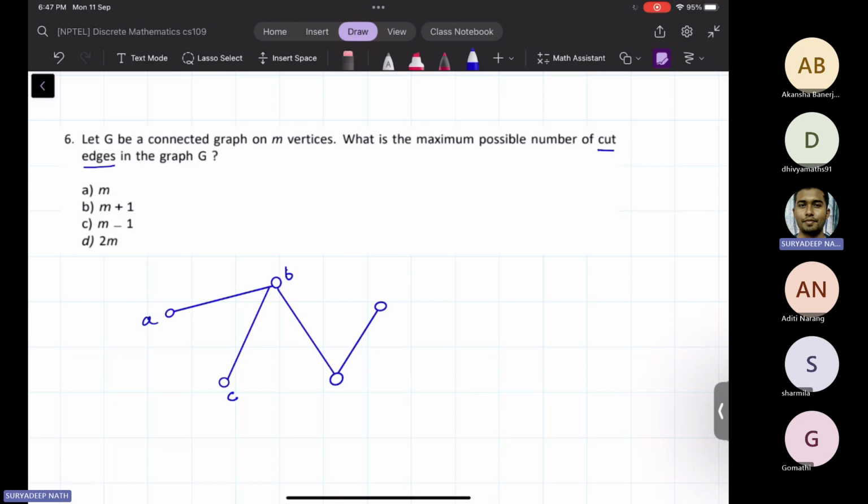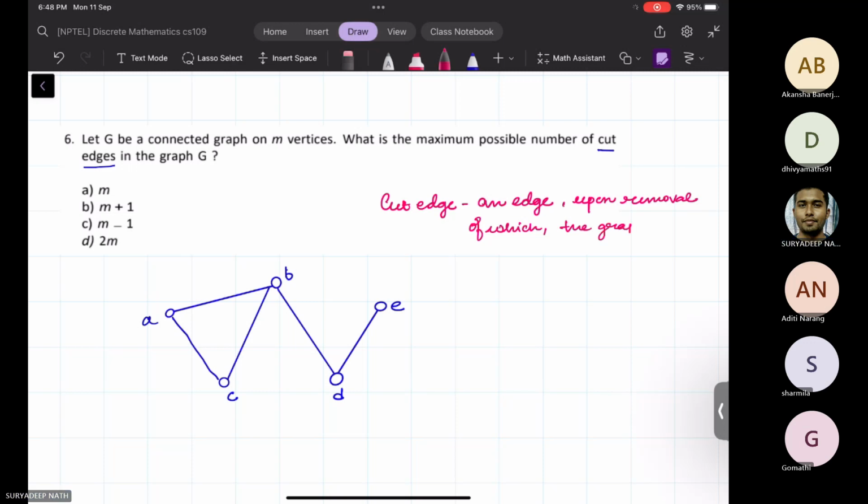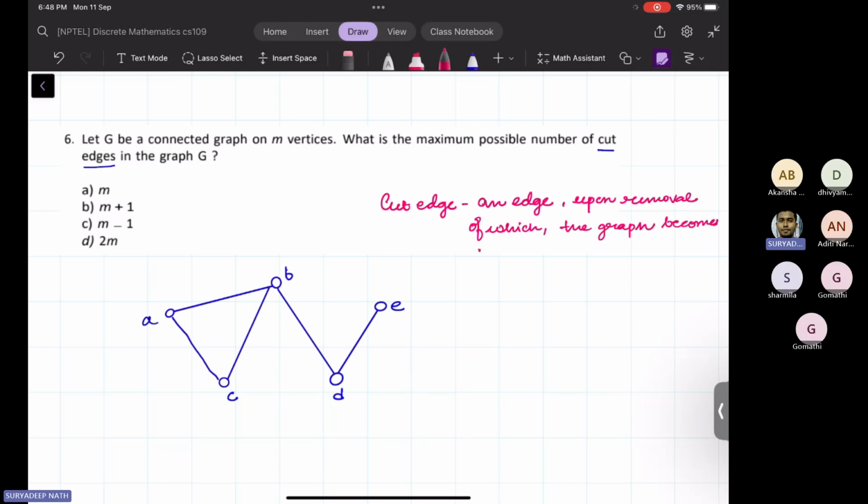A, B, C, D, E, and let's say this is connected like that. Okay, so a cut edge is an edge upon removal of which the graph becomes fragmented.